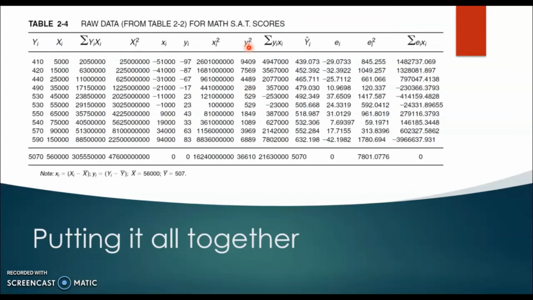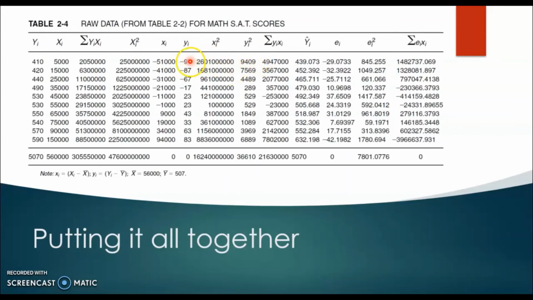which is the squared value of the deviation of y from its mean value on each observation. So here we have 9409. How do we get this? All that we have to do is to multiply negative 97 by its exact value. Negative 97 times negative 97 is equal to 9409.